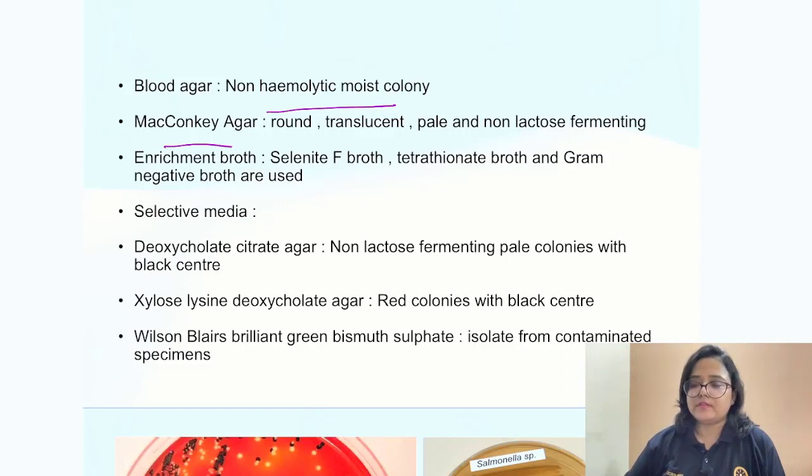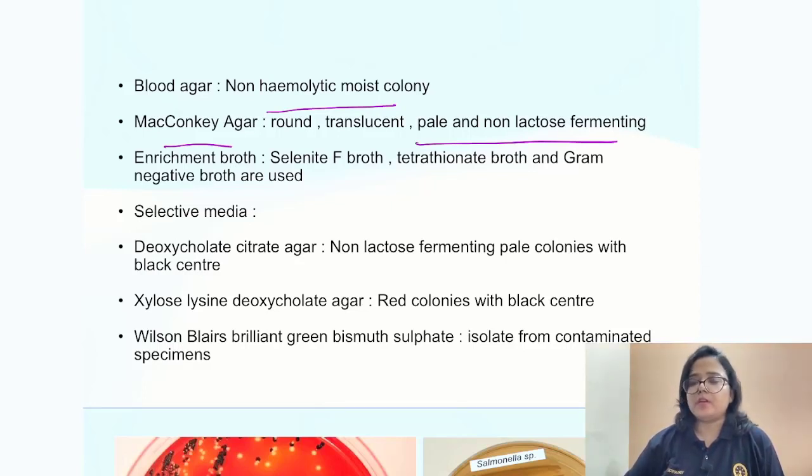Examples of non-lactose fermenters are Salmonella and also Shigella, and Proteus. There are other examples, but here we are paying emphasis that in MacConkey agar the colonies are pale and non-lactose fermenting.